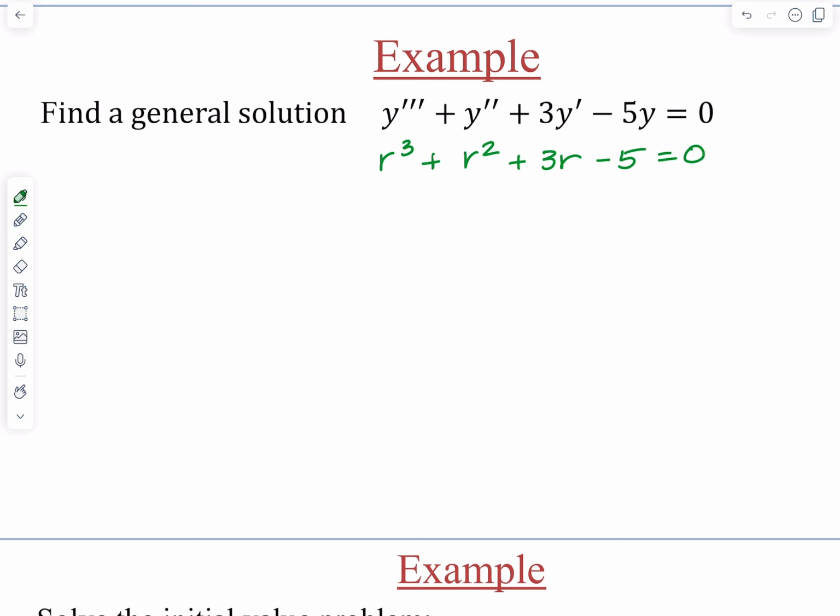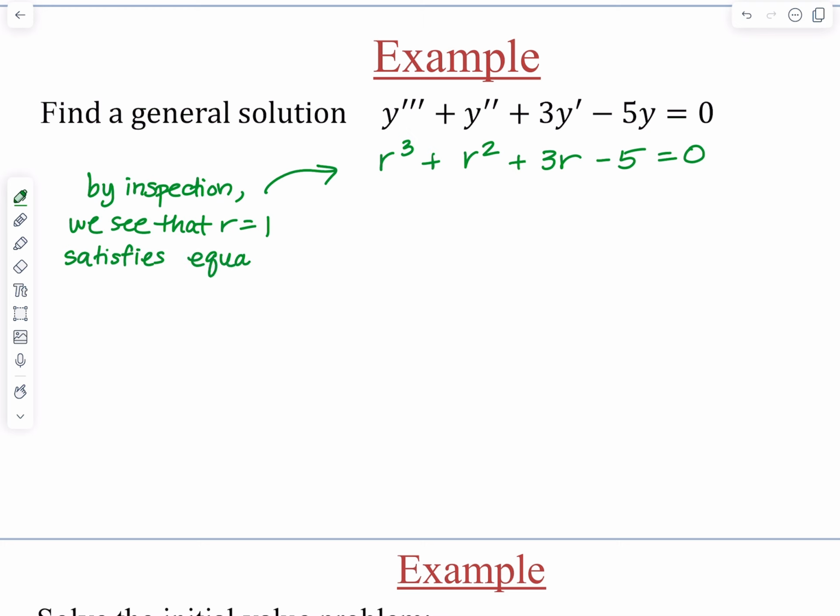So by inspection, we can sort of see that r equals 1 satisfies the equation. So that will help us find that quadratic multiplied by that binomial factor.